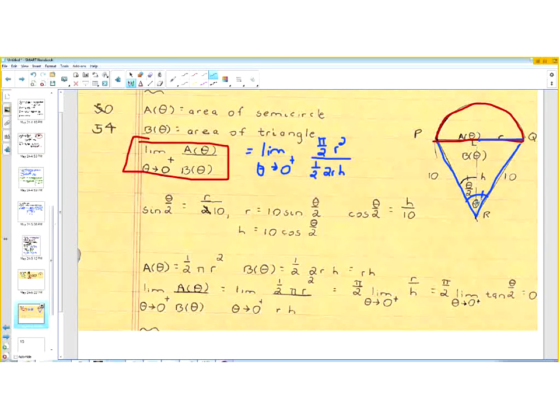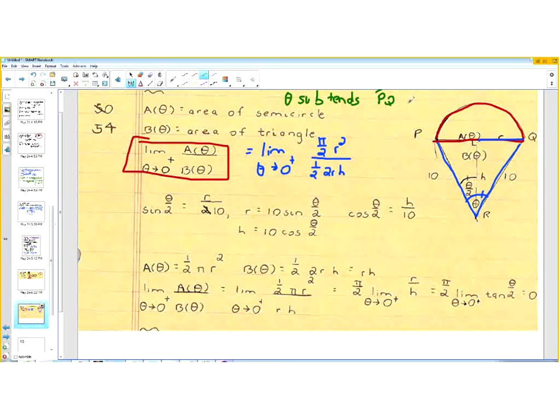The angle theta subtends arc PQ. Okay. So theta subtends the arc PQ.